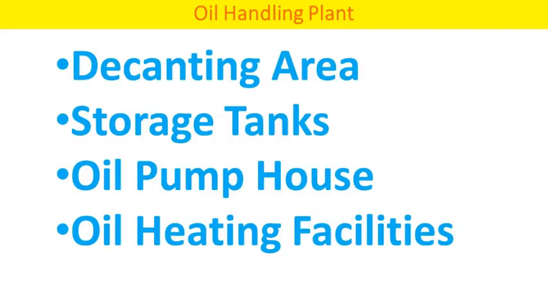Most of the coal-fired power stations use coal as the primary fuel, but to initiate combustion of coal, we require proper ignition temperature and support for sustainability of the flame.